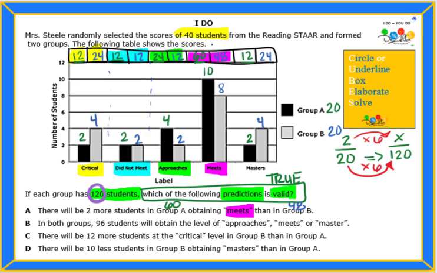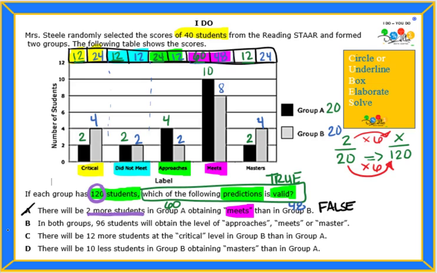I'm using the information from here, because that is the meets when we have 120 students in our prediction. There will be 2 more students. Does 60 look like it's only 2 more than 48? No, that is false. Since we're looking for something that is true, A is out.